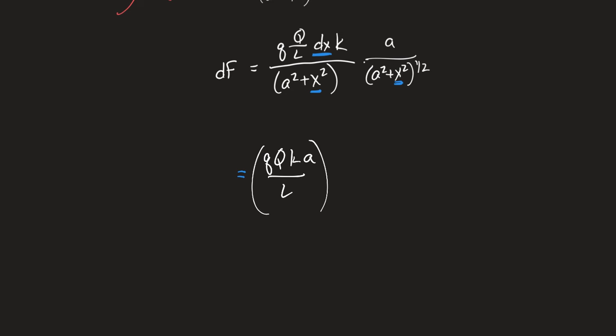It will be with every single piece of force. It doesn't change. But I also have this other term, 1 over a squared plus x squared to the 3/2. Every time x changes, every time I go to a different place on the bar, everything here changes.